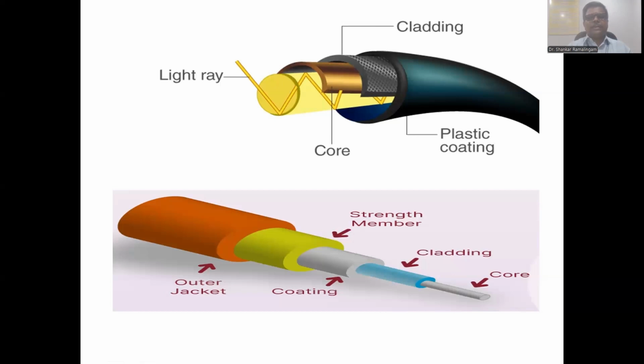This light signal is going to be sent inside our optical fiber cable in terms of a parallel signal, and the core is going to contain the entire light signal from being lost to the other structure of our optical fiber cable. Next, your core is going to be given some protection by this cladding, and the cladding is further going to be given some plastic coating, which is going to give even more protection.